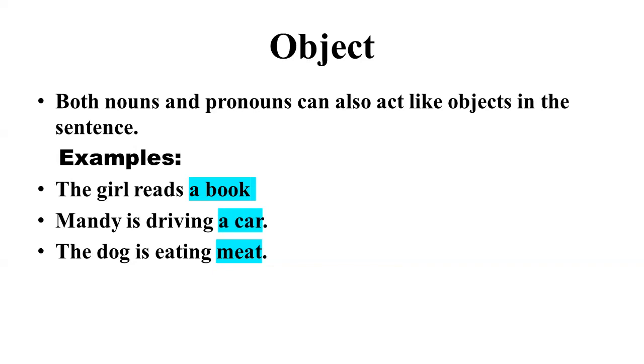The dog is eating meat. Who is eating meat? The dog. Remember, the answer to who is subject and the answer to what is object. What is the dog eating? Meat. Meat is object.